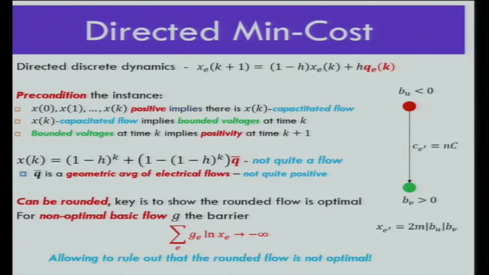This is all I'm going to tell you about this directed setting; I'm happy to say more details offline. Again, the use of this barrier function, a specific barrier for each of these non-optimal basic flows, allows us to infer that the flow that we must have rounded to is an optimal solution.